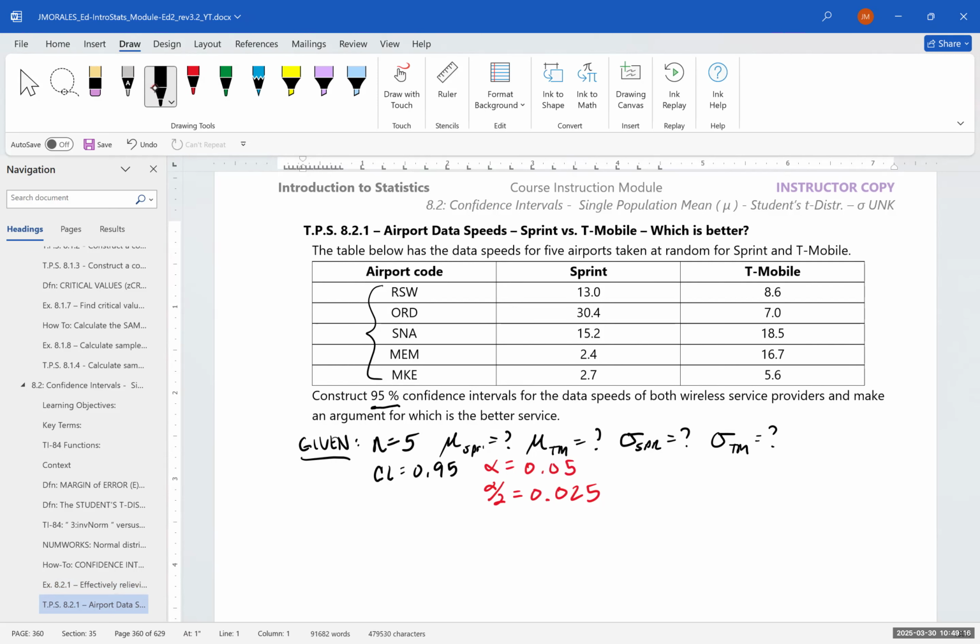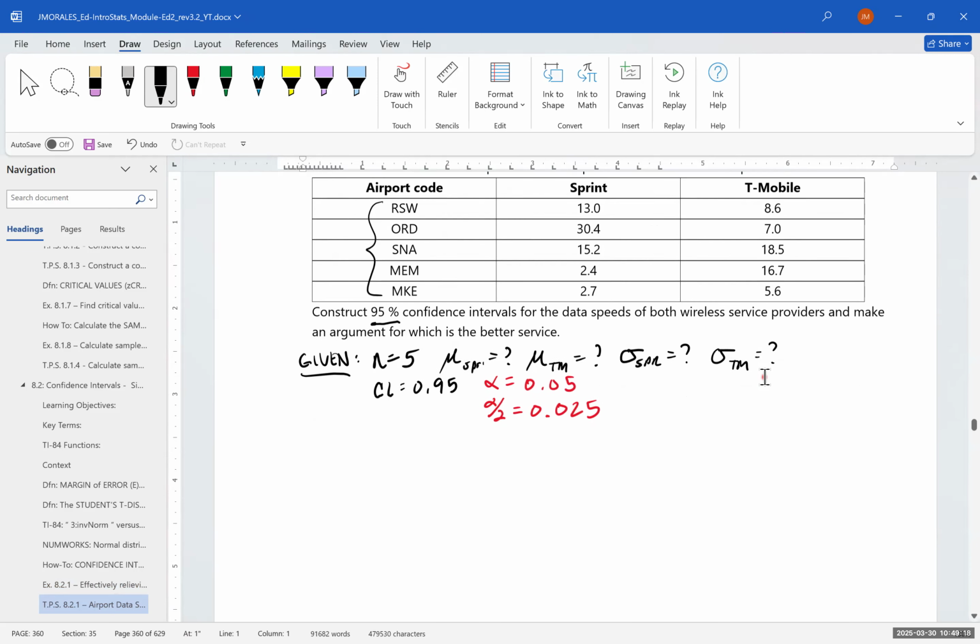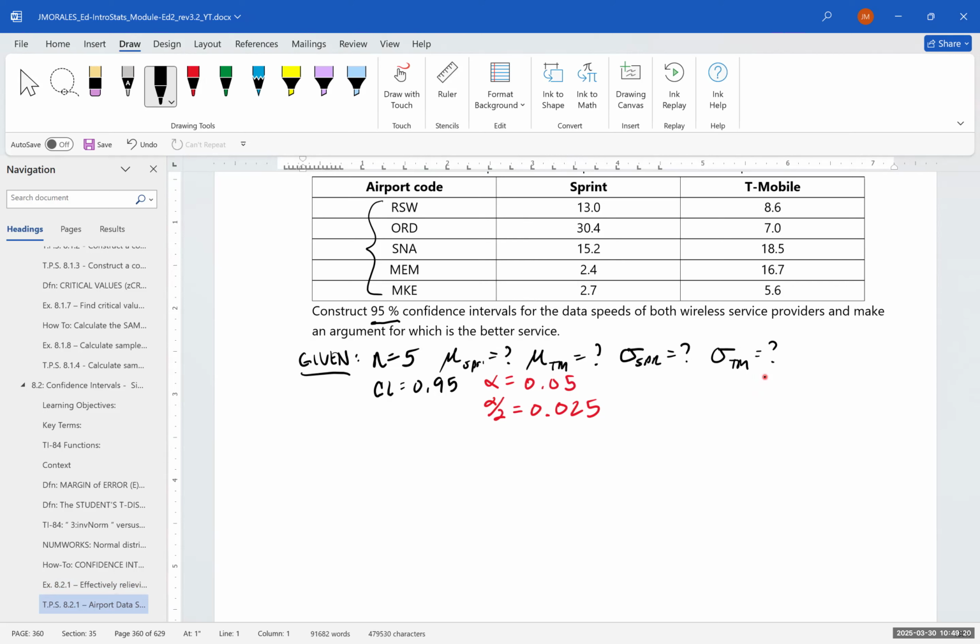Okay, so what is it that we need? We need a confidence interval for Sprint, and we need a confidence interval for T-Mobile.